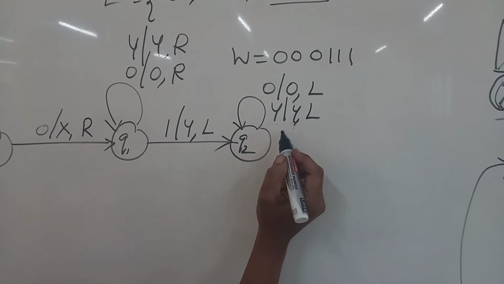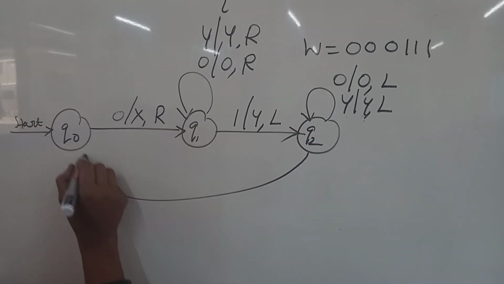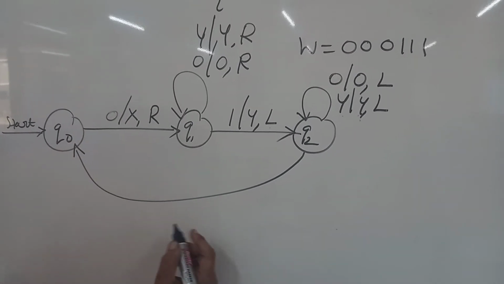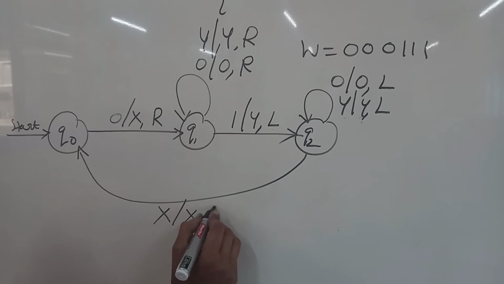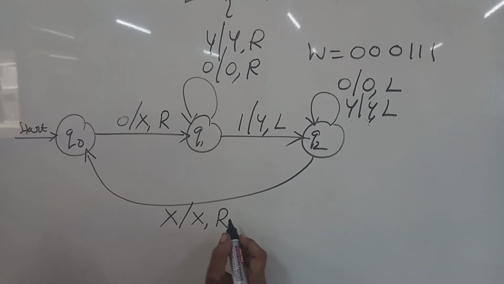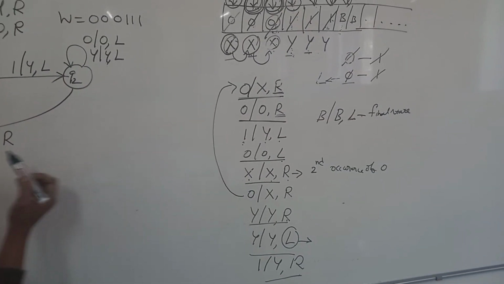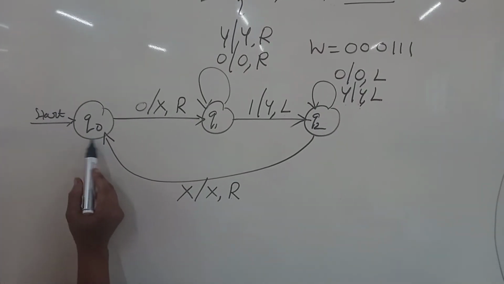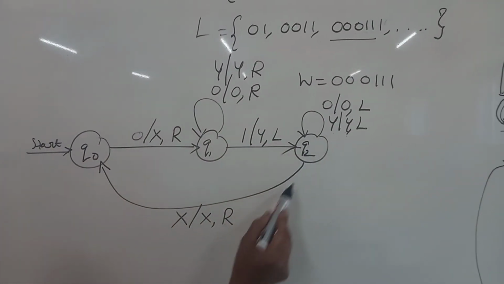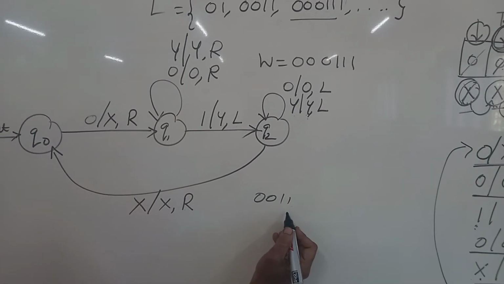Once all these are handled, we go back to Q0 for x and move to the right side. Observe that after performing x, R, in order to find the second occurrence of 0, we have to come back to Q0 only. This is repeated until all the zeros and all the ones are done.